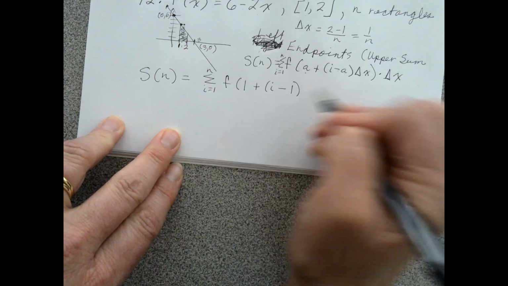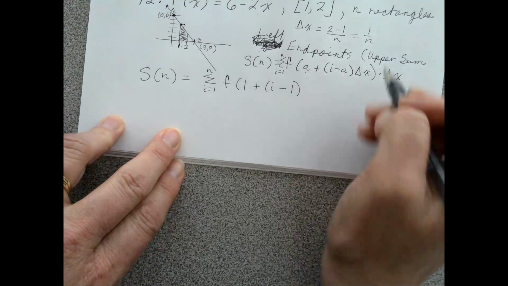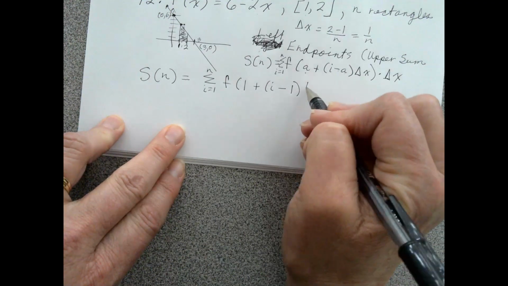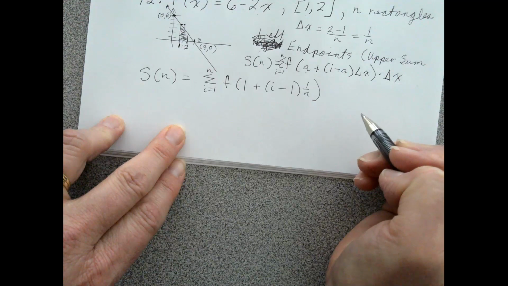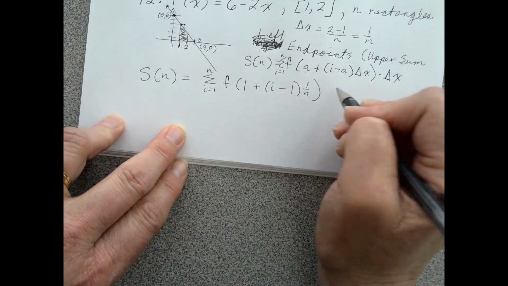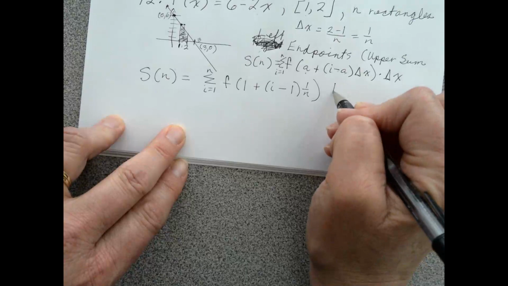And then times delta x, which is 1 over n.